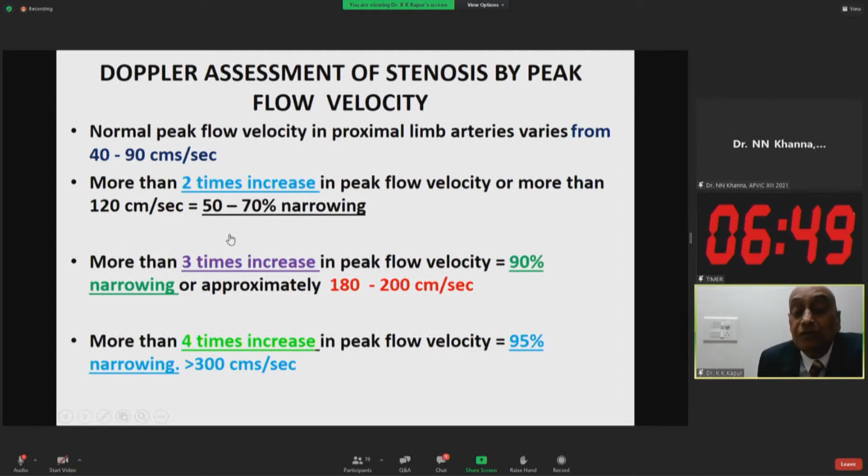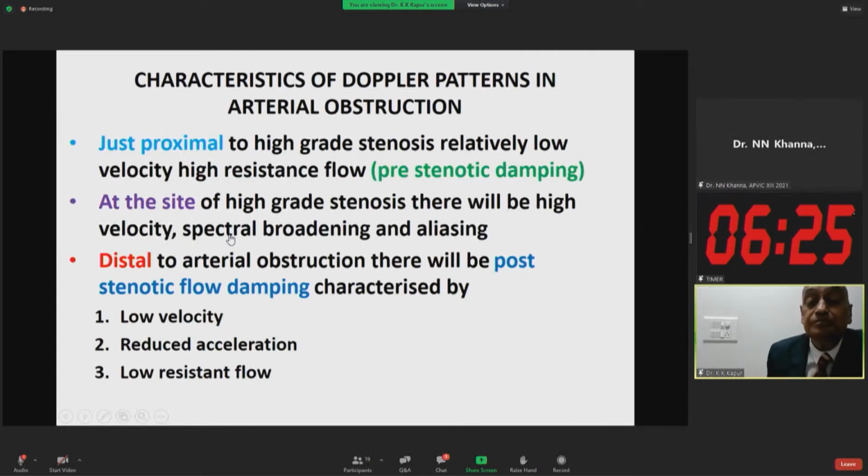More than 3 times increase in the peak velocity is equal to 90% narrowing, or approximately 180 to 200 centimeters per second. And more than 4 times increase in the peak velocity is equal to 95% narrowing, which is generally more than 300 centimeters per second.